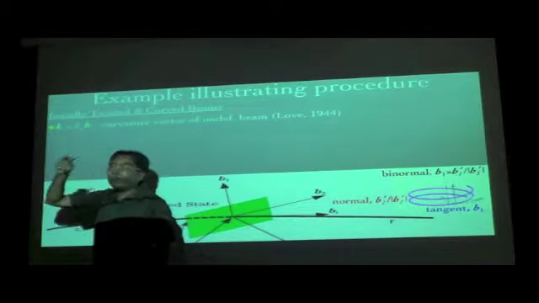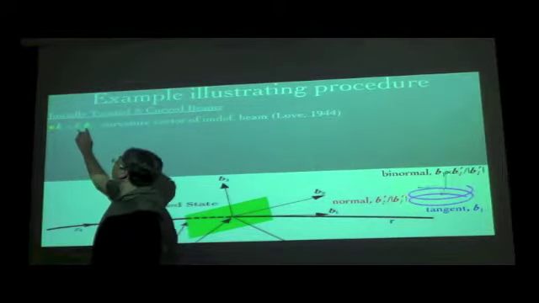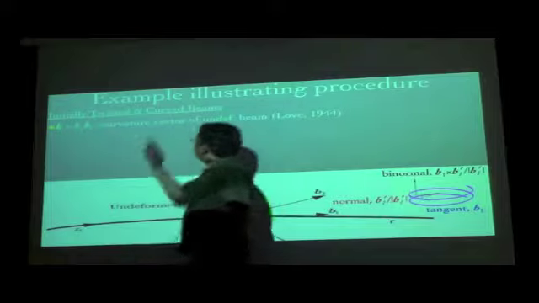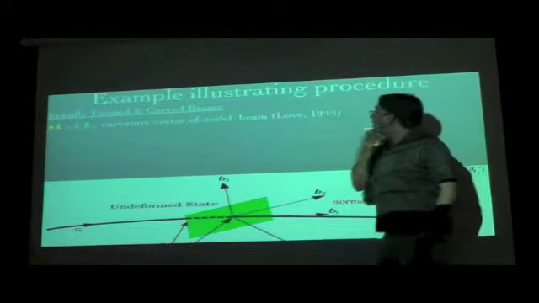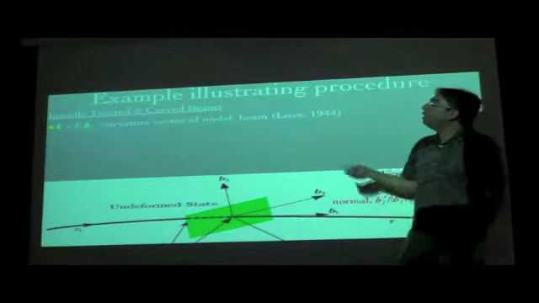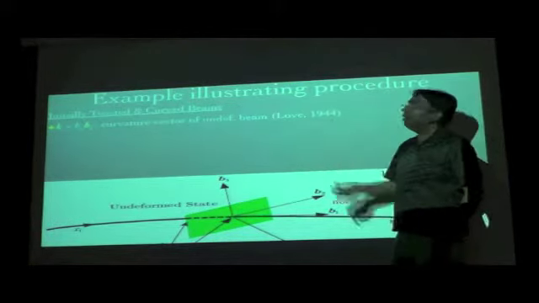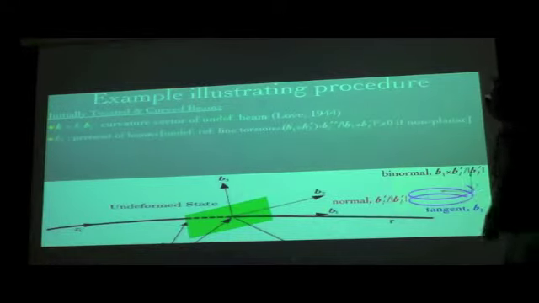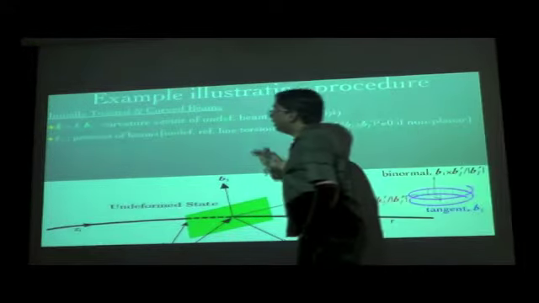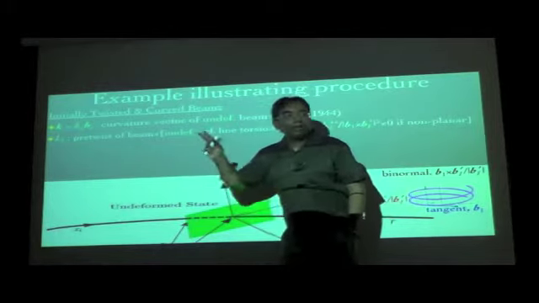So in other words, when you write, you will have an underline over here and an underline over this as well. So the curvature vector of the undeformed beam, and this kind of notation for the curvature was initially introduced in Love's textbook in 1944.